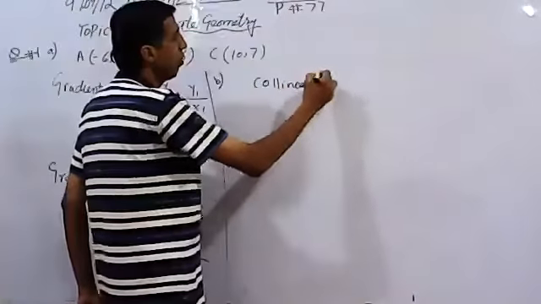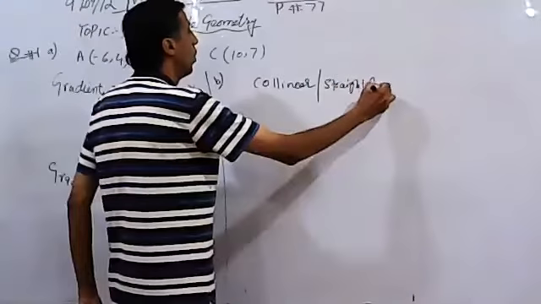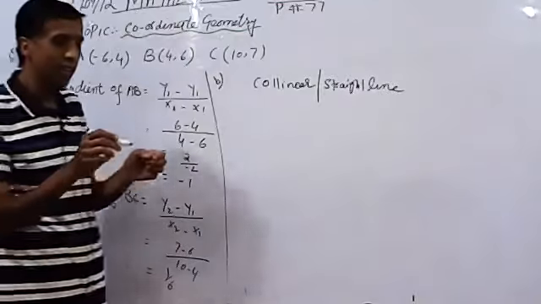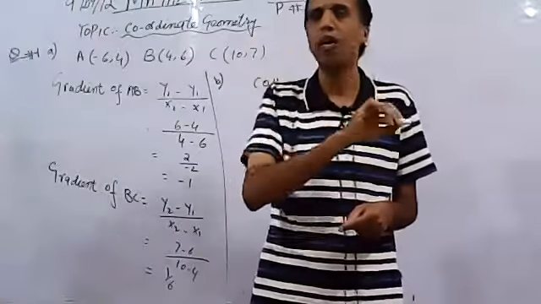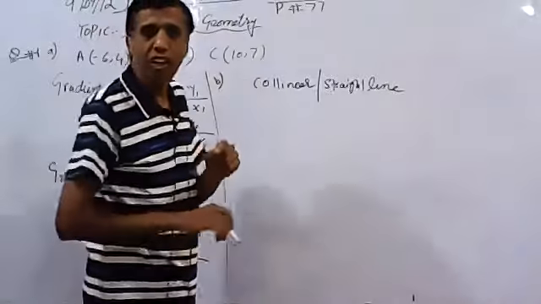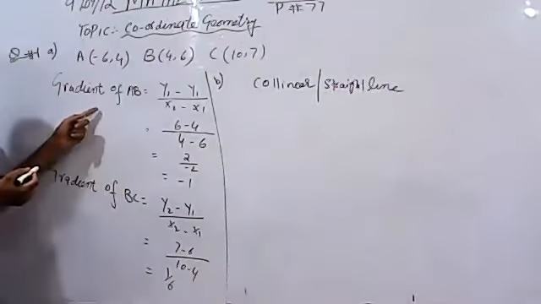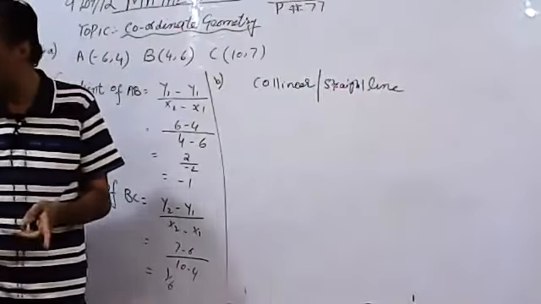Where you will find the word collinear or straight line, it means all the points A, B and C lie on the line or not. How we will detect it? We will get the gradient just like he has asked in the A part.